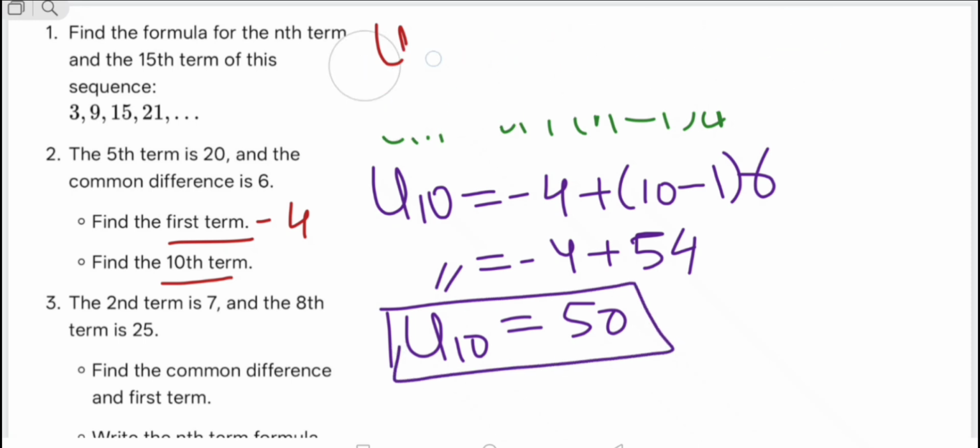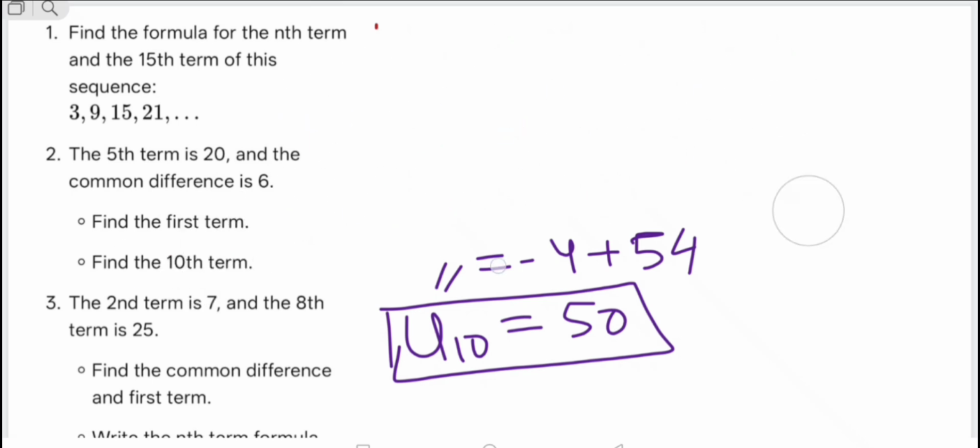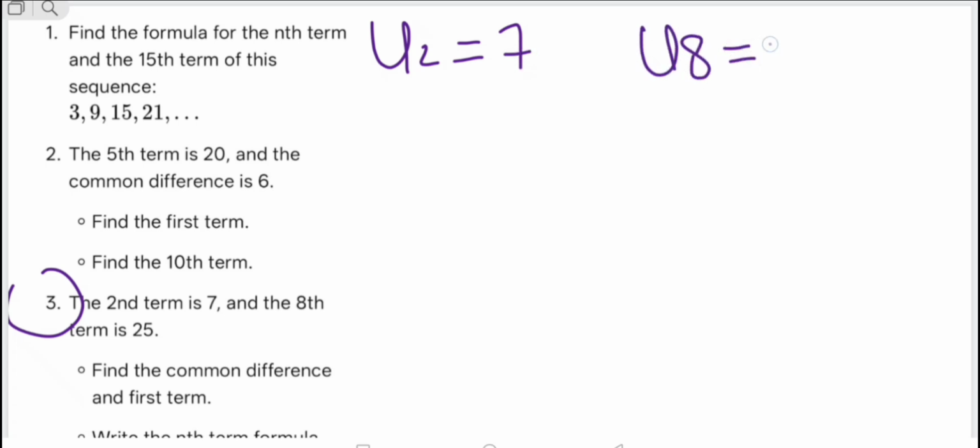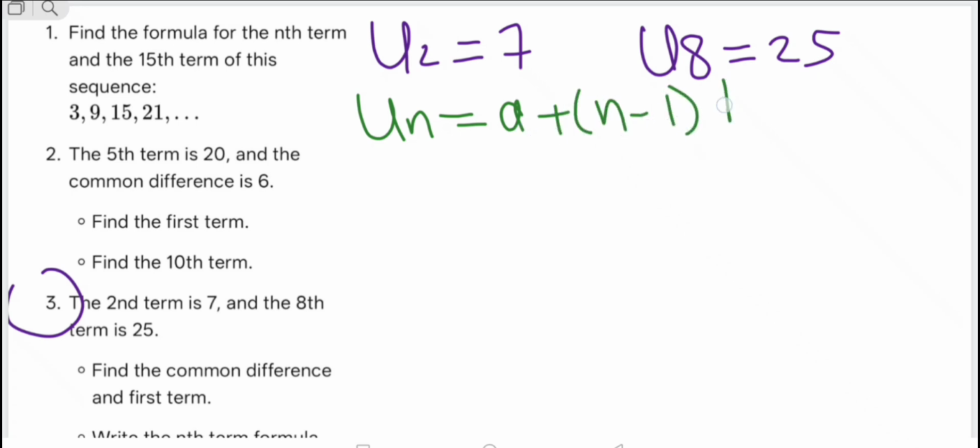Okay, now look at question number 3. In question number 3, the second term, meaning U2, is 7, and the 8th term, meaning U8, is equal to 25. Find the common difference. So what is the nth term formula? Un equals a plus n minus 1 into d.